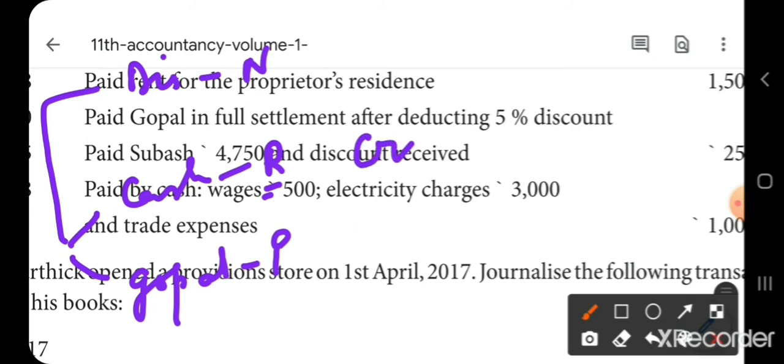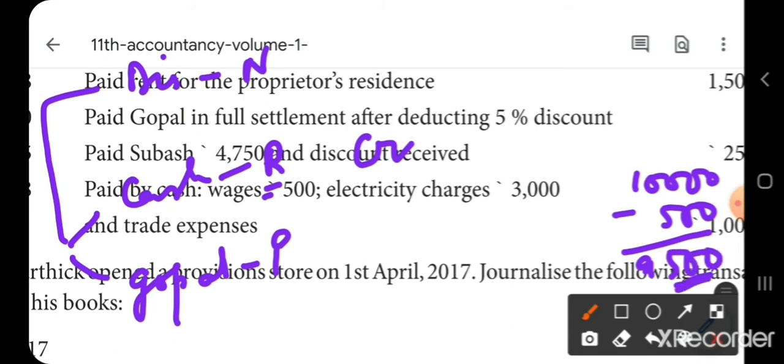Now discount: actually we have to pay 10,000, but you are making the payment after allowing 5% discount. So 10,000 minus 500, you are paying only 9,500. That means this 500 is a profit for you. Gopal has allowed you a discount. That is a discount received for us. So this you should take as discount received.